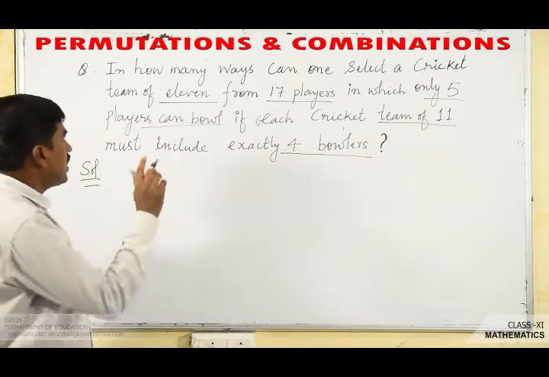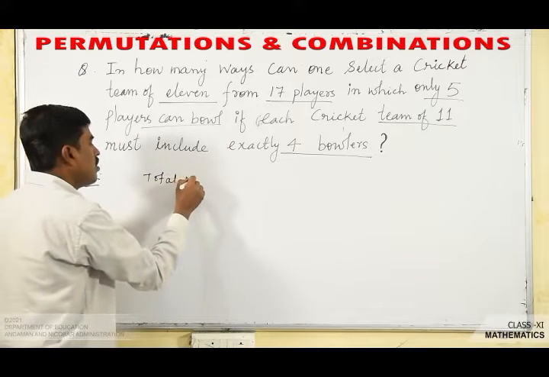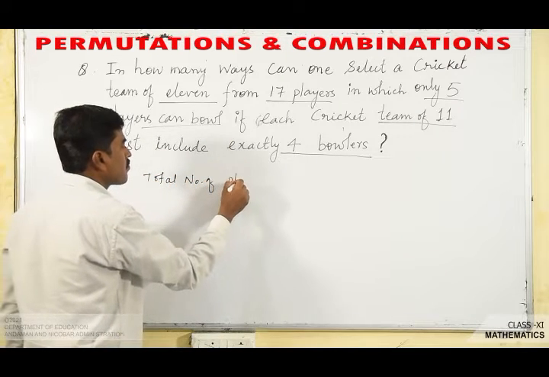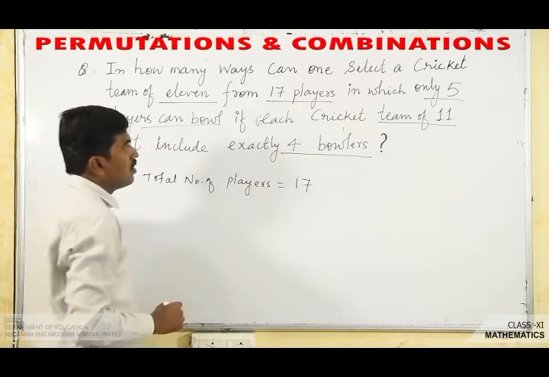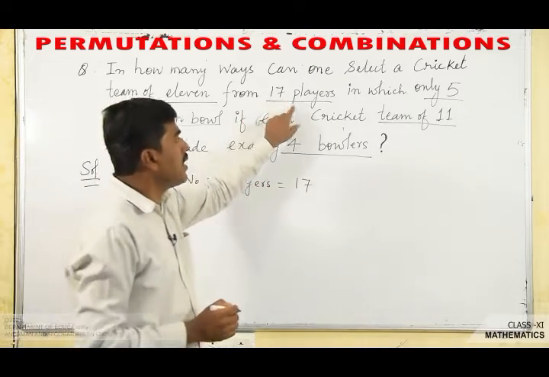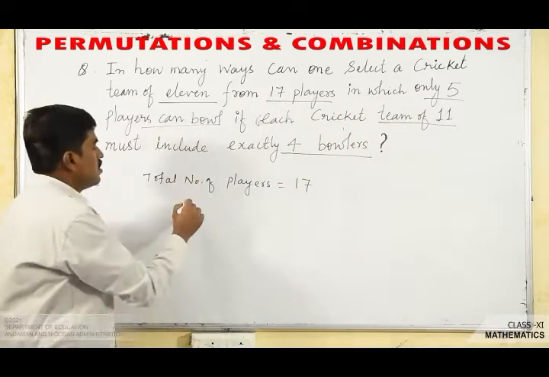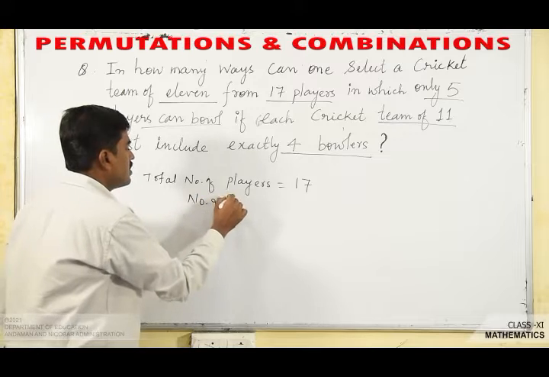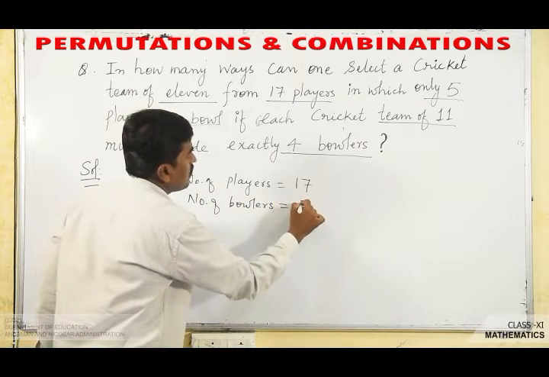So total number of players is equal to 17. Now out of these 17 players, only 5 players can bowl. So number of bowlers is equal to 5.